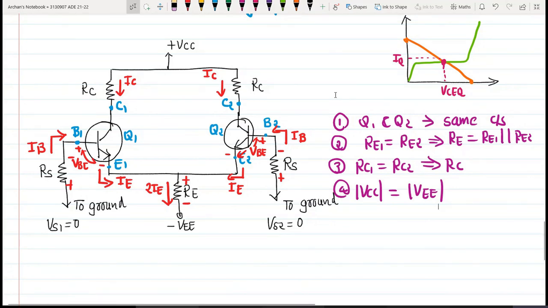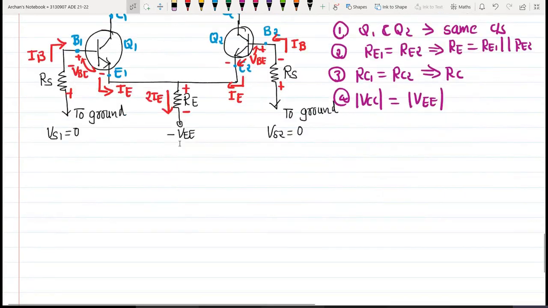So now let us find these two parameters. We have this base emitter loop, I am talking about transistor Q1. We will apply KVL around this base emitter loop of transistor Q1 and see what we get.